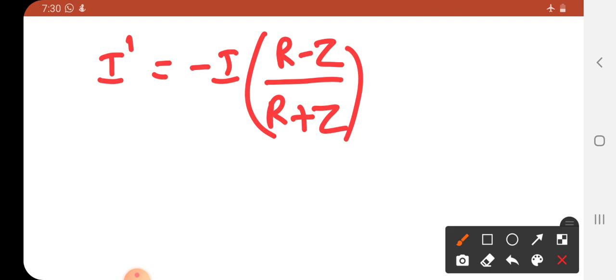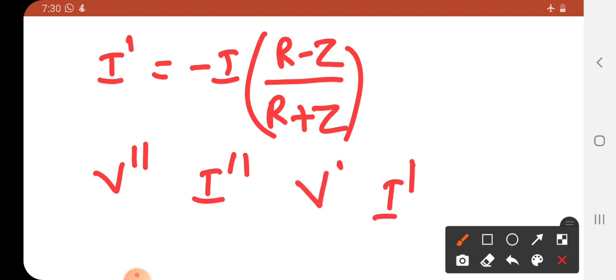Yes, I hope you have the 4 equations: refracted voltage V double dash, refracted current I double dash, reflected voltage V dash, reflected current I dash. So now whatever expressions you derived, are they right or wrong? How do we know?